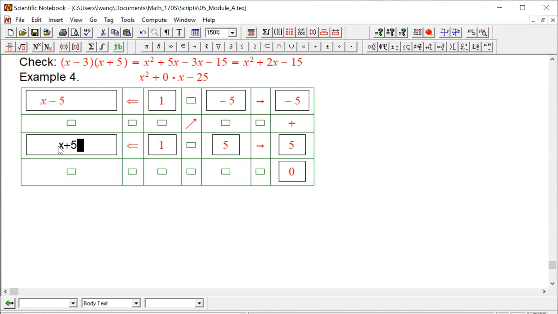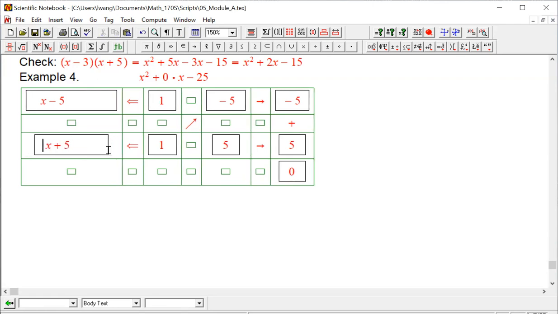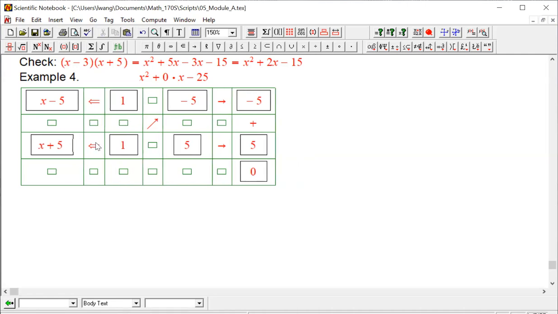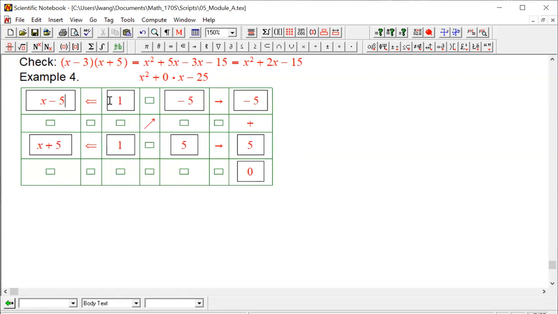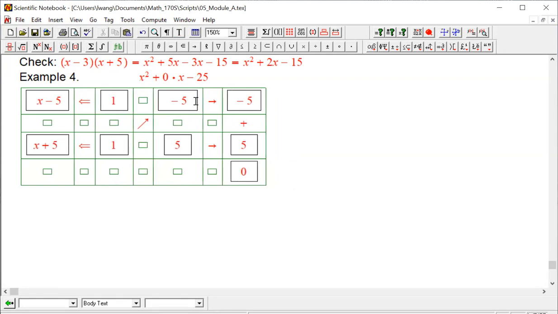Okay. And of course, it will be the same answer if you know the special formula. If you know the special formula, you certainly don't need to go through this process. But you can see this method could apply, in some cases, to two terms. Okay, so finally you get x plus 5 times x minus 5.